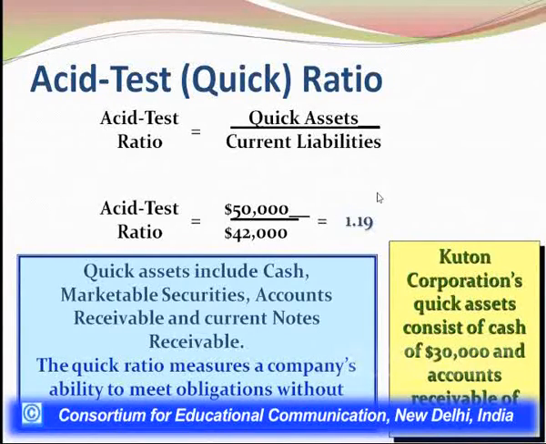Now let's have a discussion on the liquid condition of the company. Primarily we discussed three points, and now it is time for discussing the liquid condition of the company. So what do we have in hand? Two important things. One, the current ratio is 1.55:1, and your quick ratio is 1.19:1, right?